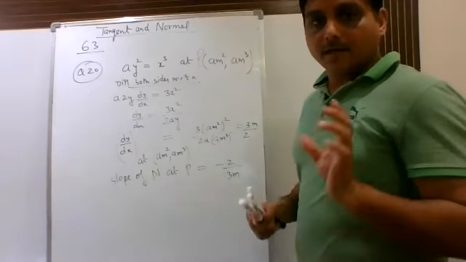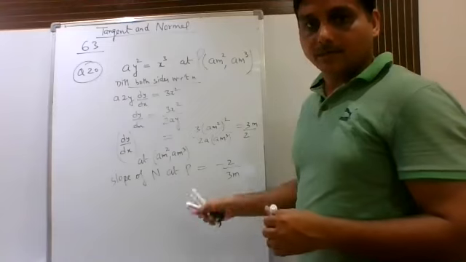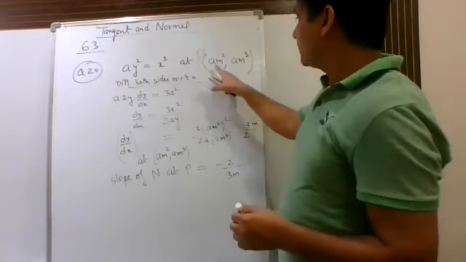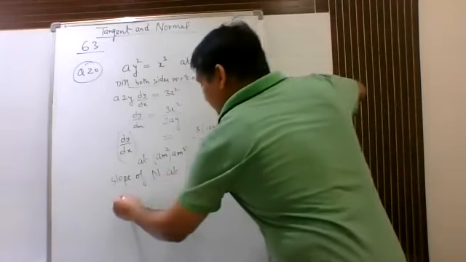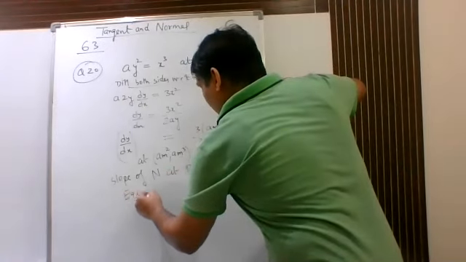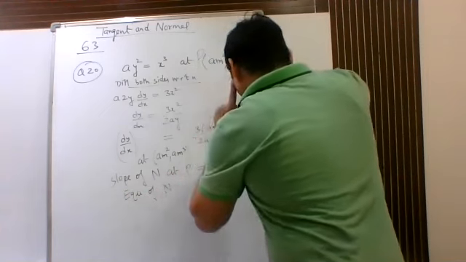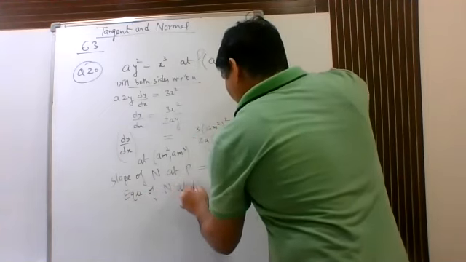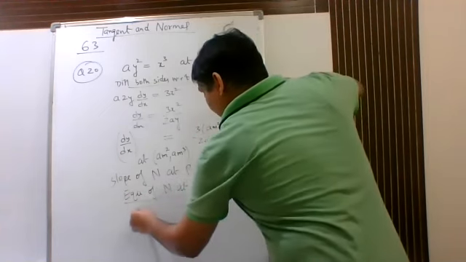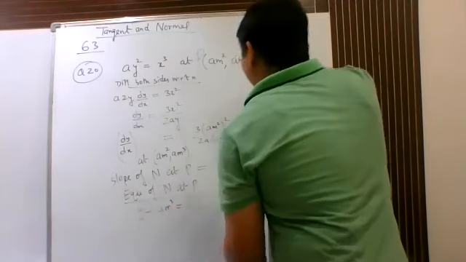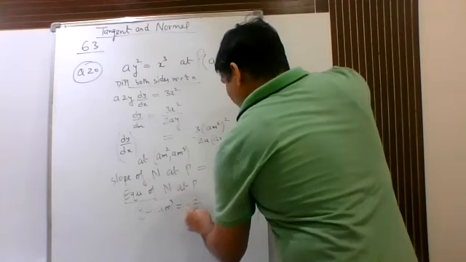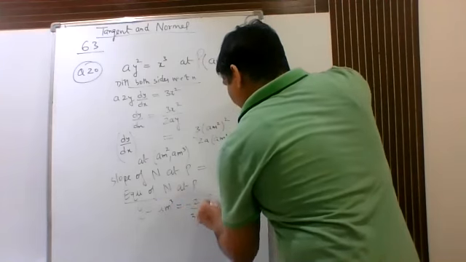Now we want to find the equation of the normal at p, where p stands for these coordinates. So equation of normal at p will be y minus y1 equals slope into x minus x1.